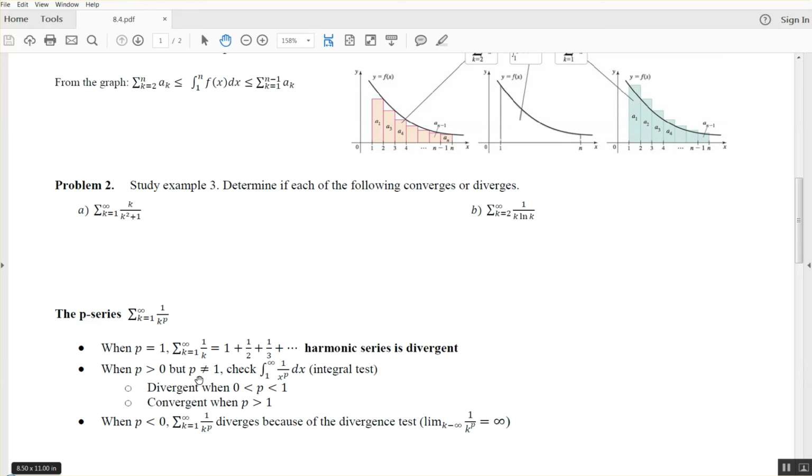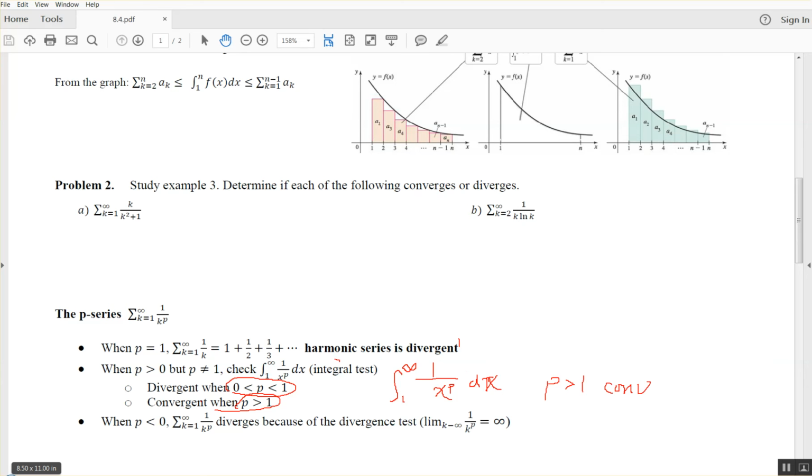When p is greater than 0 but not equal to 1, it will converge when p is greater than 1 and diverge when p is less than 1. And we talked about this result previously. So when the integral from 1 to infinity of 1 over x to the p dx, p greater than 1, then it converges, right?